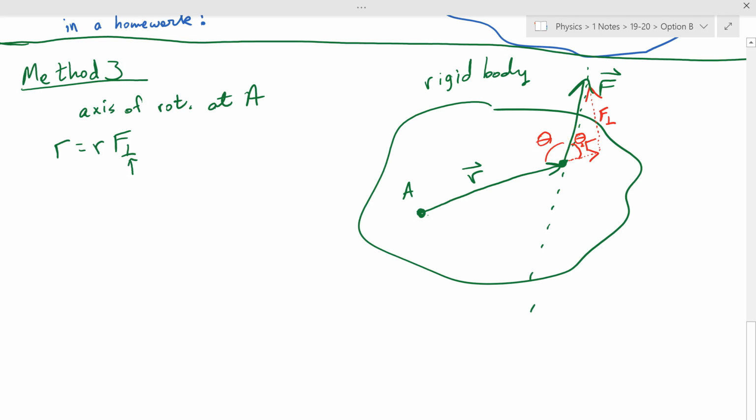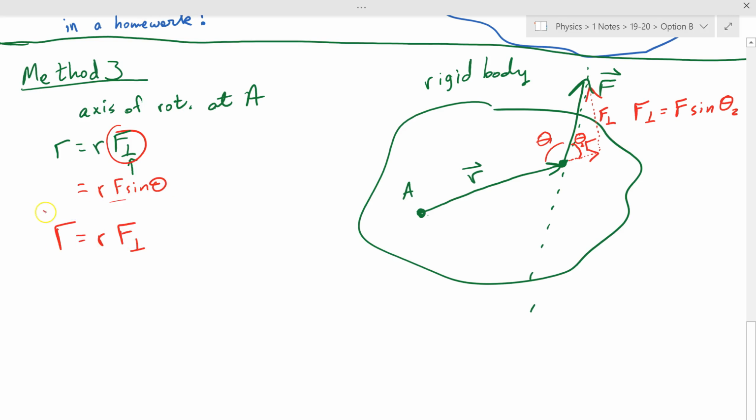So F perpendicular over here is F times sine theta 2. So if I replace F perpendicular right here with F sine theta, it's easy to see how this is equivalent to method 1.